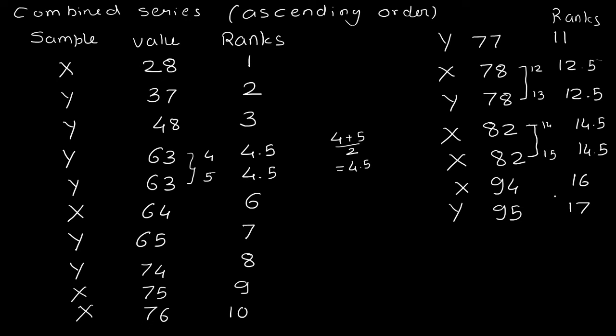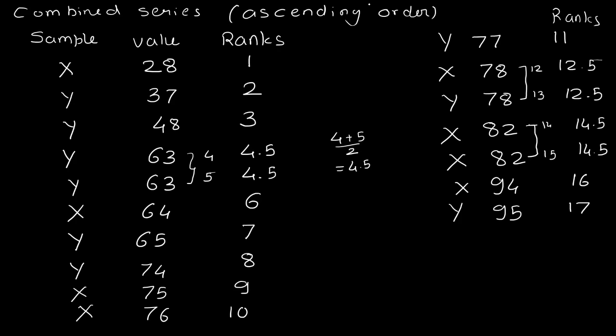So now what is my next step? This has been done. Next step is I will calculate something called tx. Now what is this tx? Tx is the sum of ranks in x.